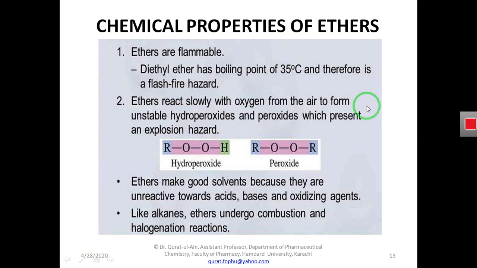Diethyl ether has a boiling point of 35 degrees centigrade, and due to this boiling point, it has a flash fire hazard. The ether reacts slowly with oxygen from the air to form unstable hydroperoxide or peroxide that can explode. And ethers make good solvents because they are unreactive towards acids, bases, and oxidizing agents. Like alkanes, ethers undergo combustion and halogenation reactions.